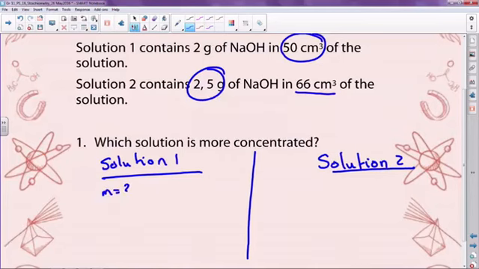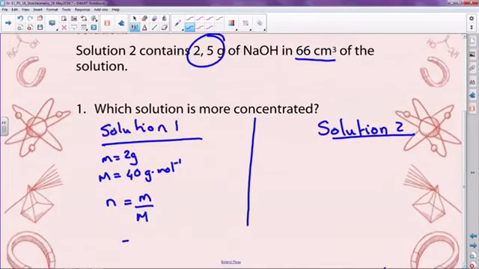So solution 1, I've got a mass of 2 grams. My molecular mass, we did it right at the beginning. It's sodium hydroxide. Sodium is 23, oxygen is 16, hydrogen is 1. You add them all together, you're going to end up with 40. So my molecular mass is 40 grams per mole. Right, so I need to work out that moles is equal to mass over molar mass.